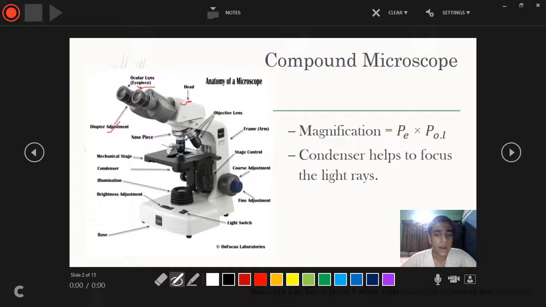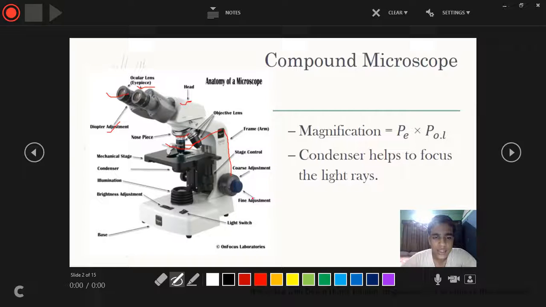Okay, nose piece. These are all parts. The objective lens is also very important. We see through the eyepiece, but the actual magnification happens here, right? This is the frame, a border type for the model.